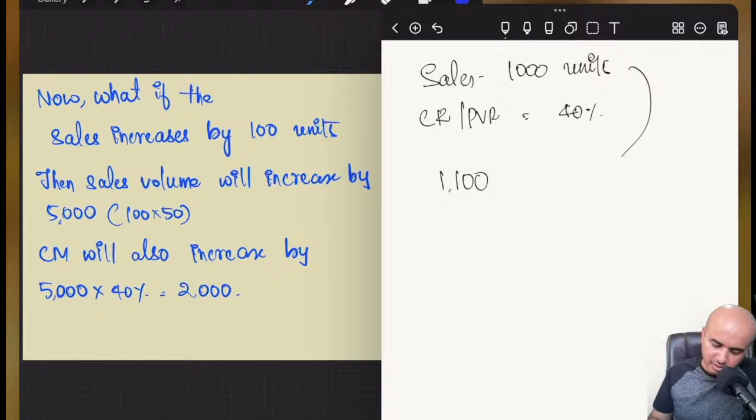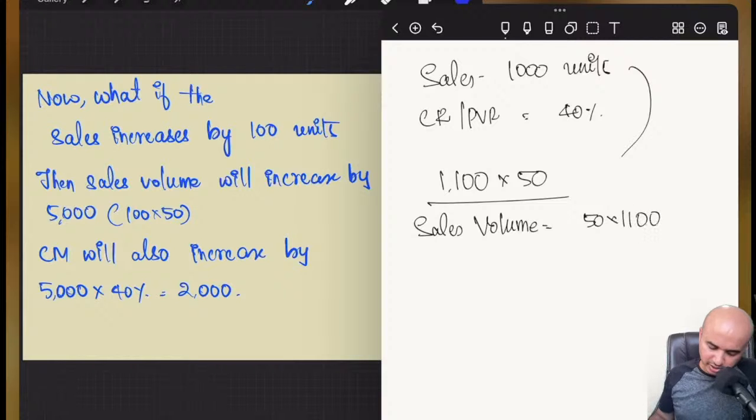So then selling price per unit in this case is 50 rupees. So therefore total sales volume would be 50 into 1100. Okay, so this will be 55,000. Now what about the contribution? Will contribution also increase by the same amount? Let's see.